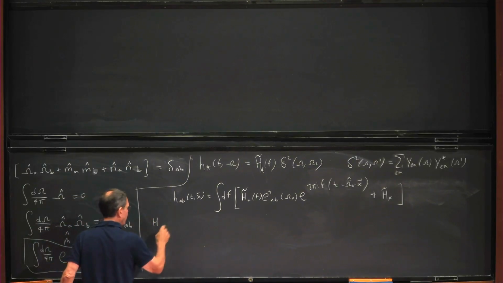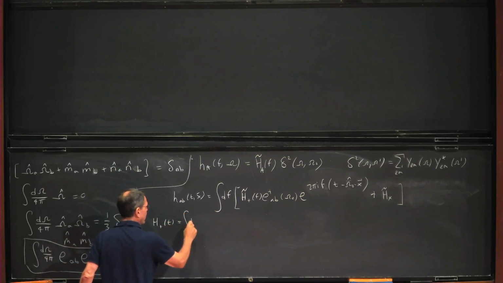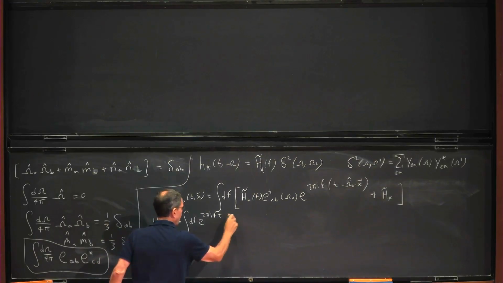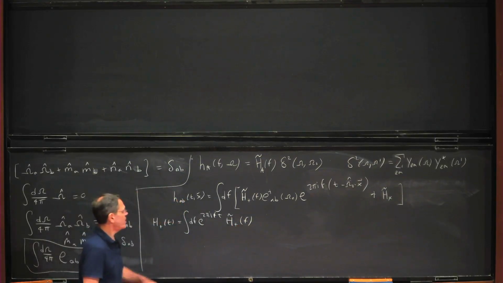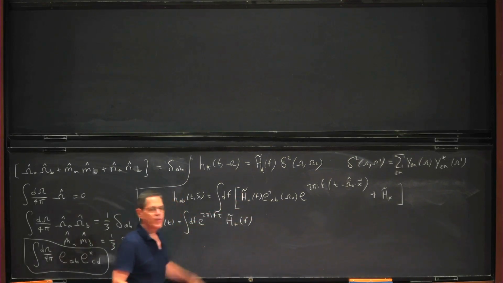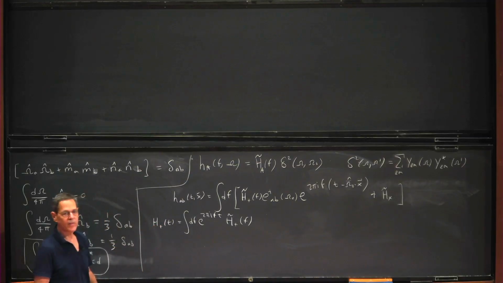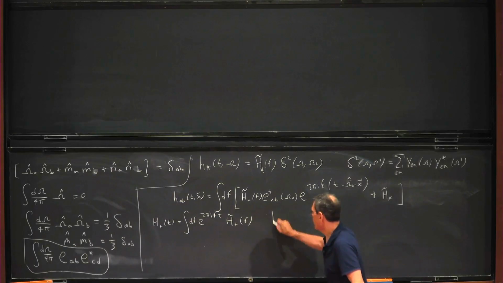If I write the Fourier transform of h tilde as, let's say, h plus of t is the integral df e to the 2 pi i f t h tilde plus of f. So if this function of frequency has a Fourier transform that is just some function of time, then you can see what form the metric perturbations take.